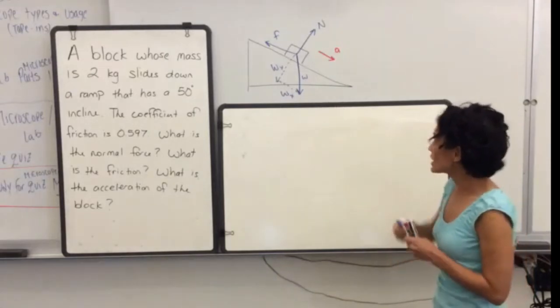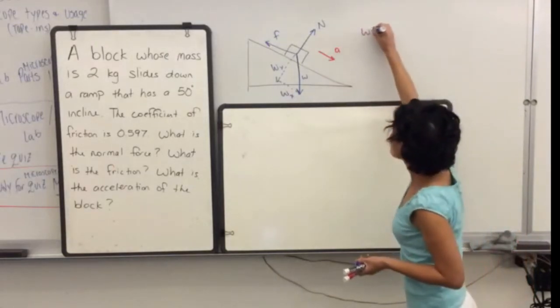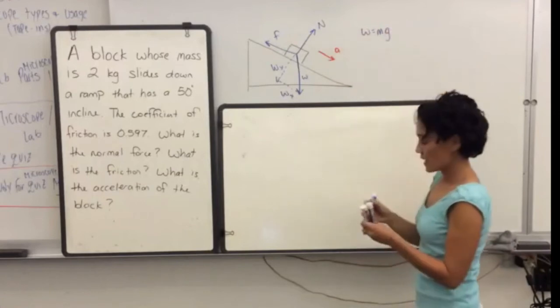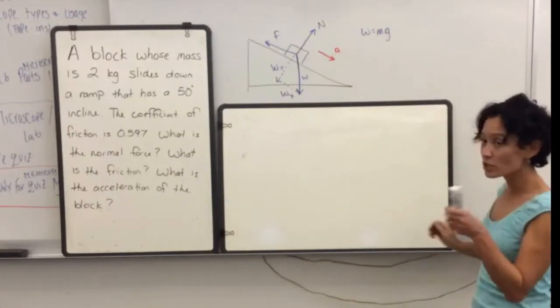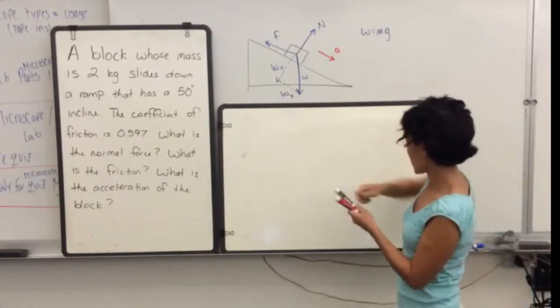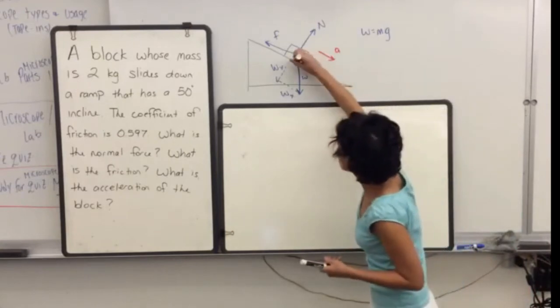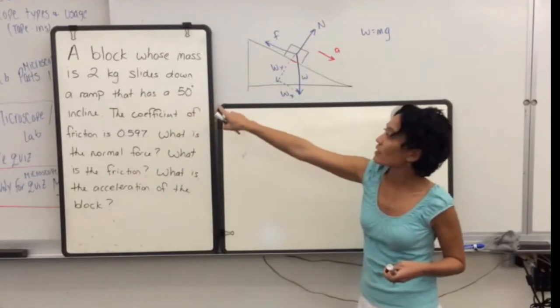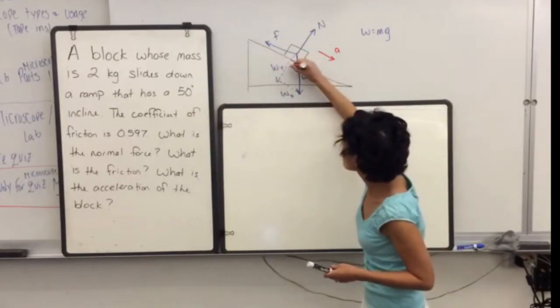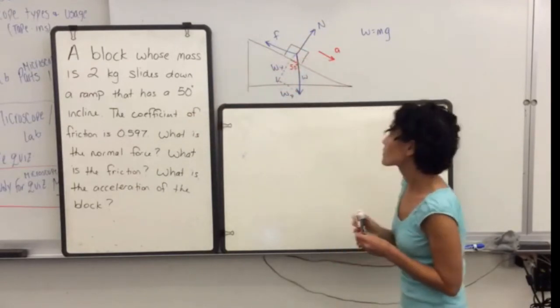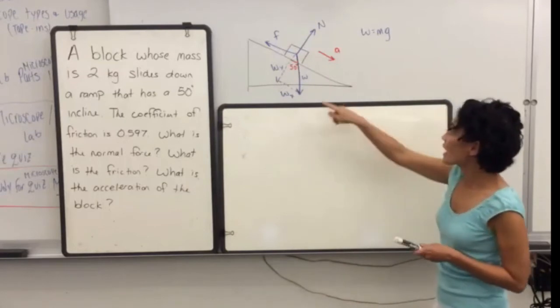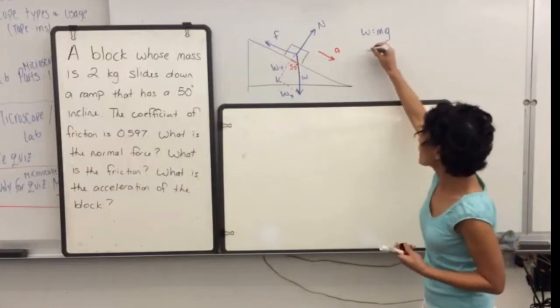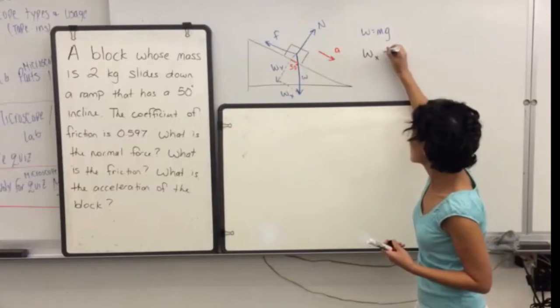If we break up our weight, we know the weight is always equal to mg, right? And so that means, this is where it's a little tricky. The problem tells me that this angle right here, the incline, is 50 degrees. If I look at trying to figure out what my Wx is, look at this.